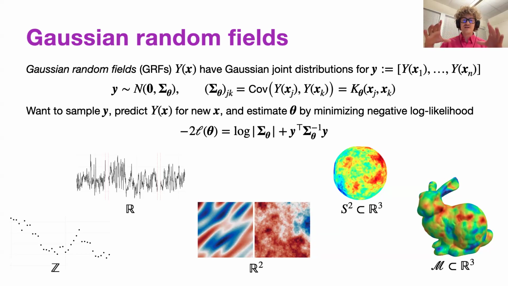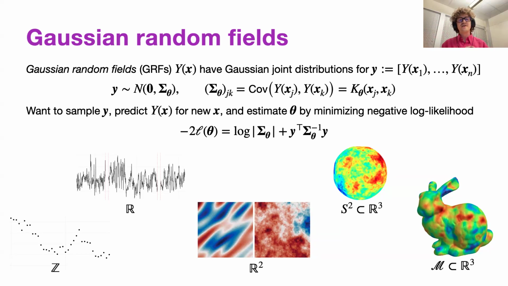So now you're indexed by essentially the plane, two-dimensional Euclidean space. You could have geophysical data like sea surface temperature measured across the surface of the Earth. So now you want a statistical model that lives on the surface of the sphere. Or you could have something like perturbations in electrical potential measured on the surface of some manufactured device. So you now want a statistical model that represents uncertain quantities on the surface of some manifold, right?